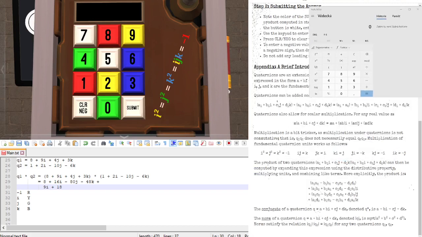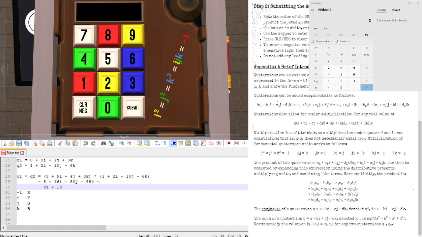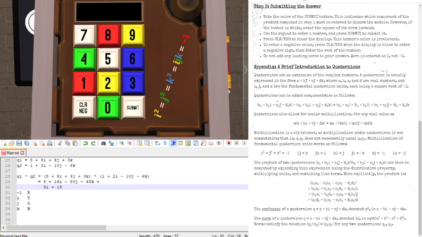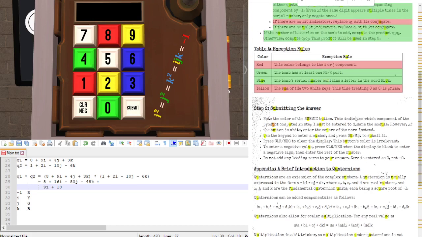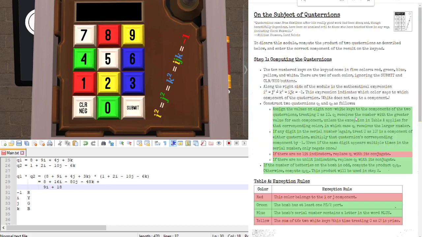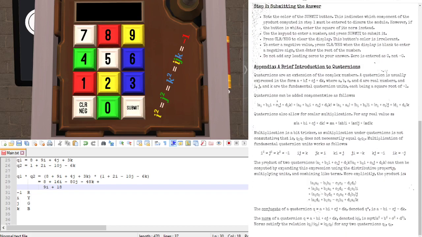I squared is it written here anywhere? Okay, it's not, but it's written on the module. It's i squared is equal to minus 1. So we have minus 18.